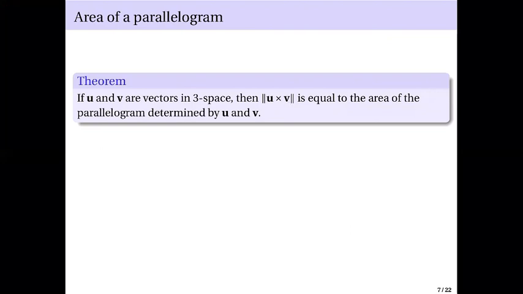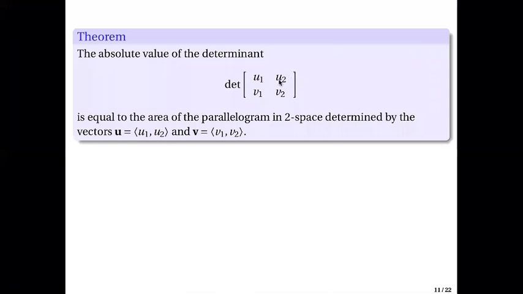But in this theorem, we only look at vectors in two space, and we are talking about cross product. So the question is, how are we going to relate the cross product with this formula?